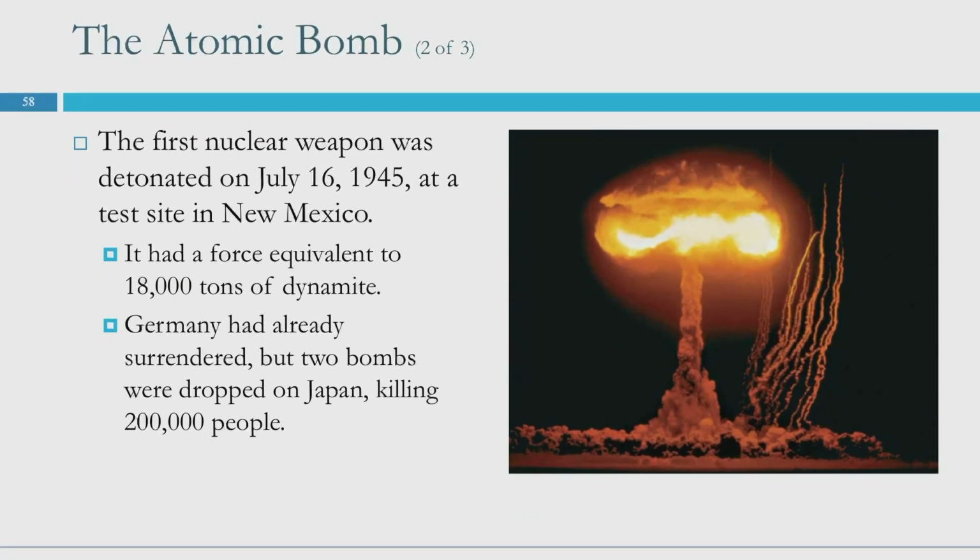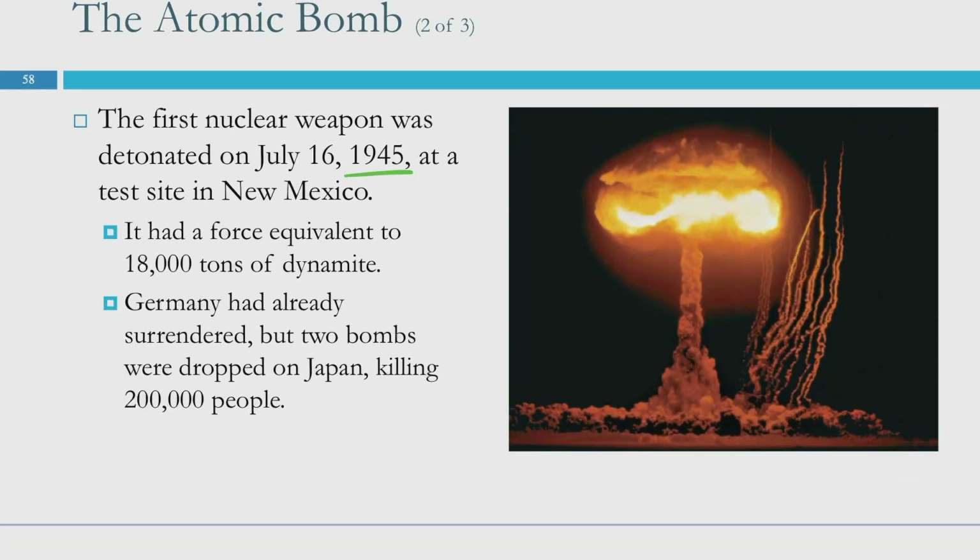And they detonated the first nuclear weapon in 1945 at a test site in New Mexico. There have been thousands of other atomic bombs that have been set off, just most of them not around people. And the equivalent force was apparently 18,000 tons of dynamite.